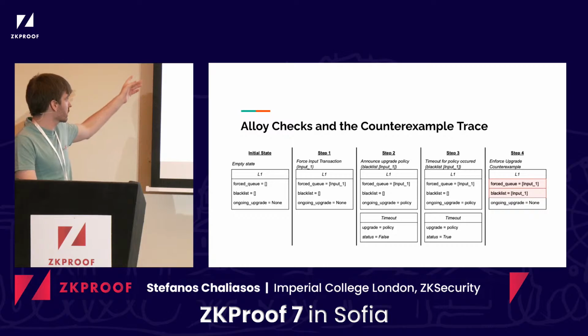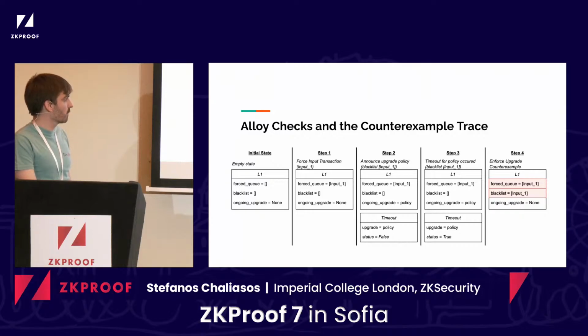We have first queue, which is empty, blacklist, which is a policy for blacklisting, which is empty, and ongoing upgrade, which is none. We include an input in the first queue. So now we have an input in the first queue, the blacklist is empty, and ongoing upgrade is empty. Then we announce an upgrade policy that basically blacklists the input one.